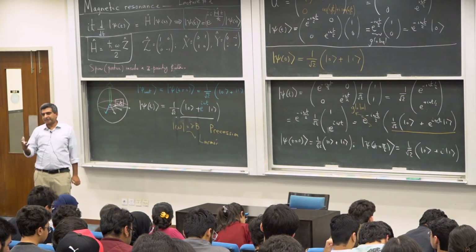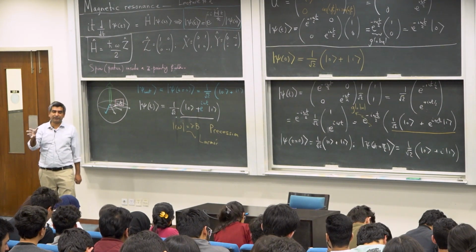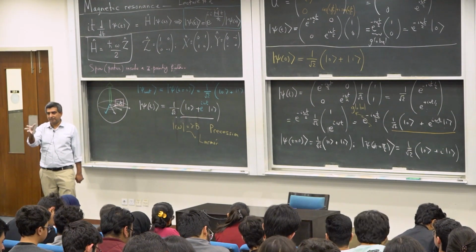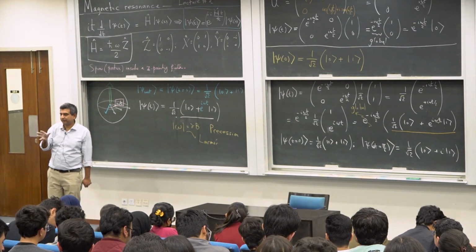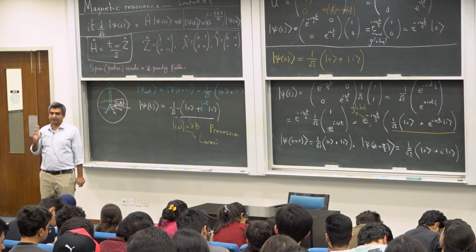Now I'm going to give you a homework problem. What's the Larmor frequency of a proton? You have all the values for gamma. You'll find out that this frequency in a magnetic field of 1 Tesla is 42 megahertz.